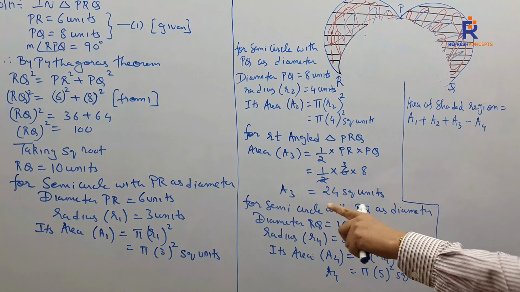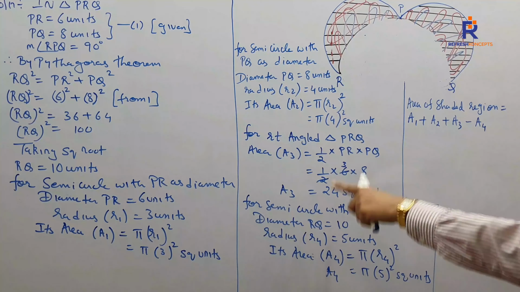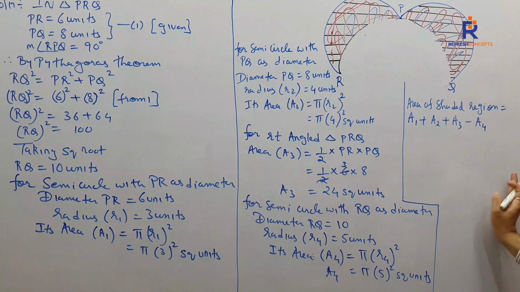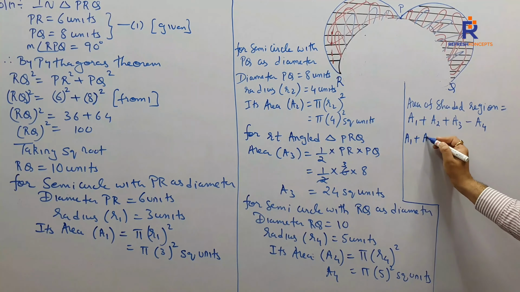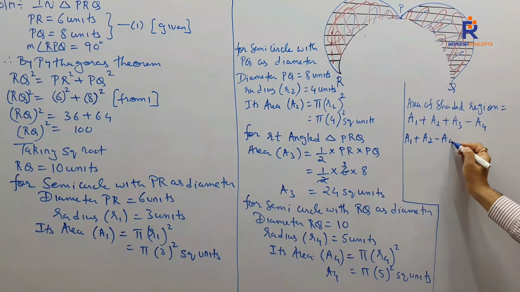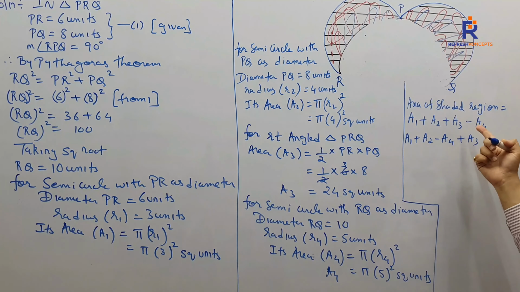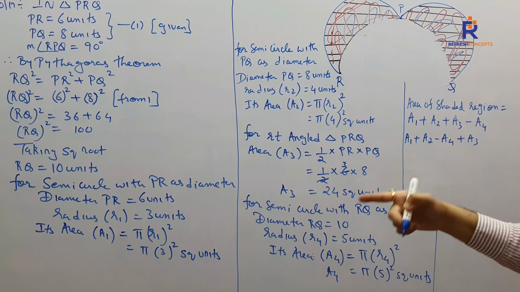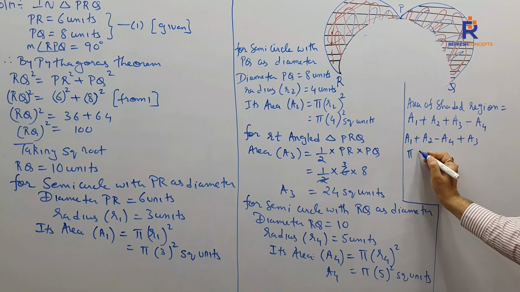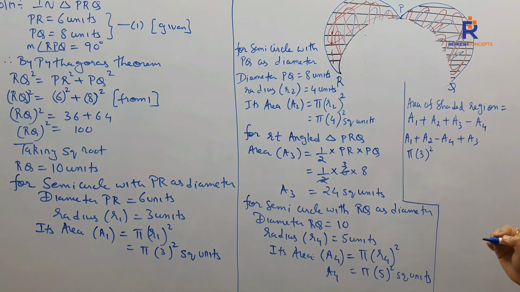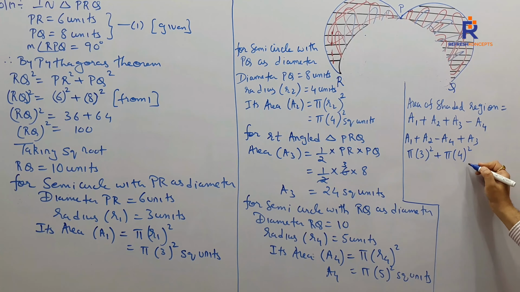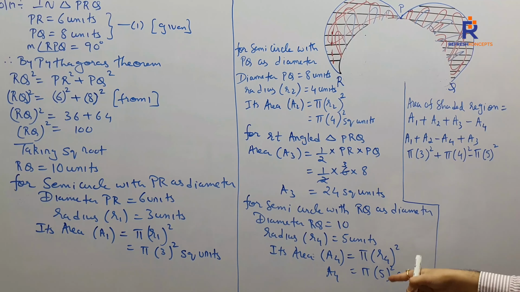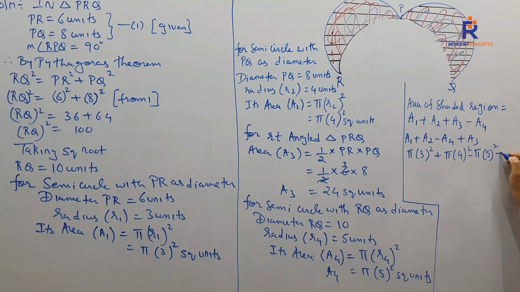Since I've seen that A1, A2 and A4 are related to semicircles, I'm just rearranging it. I shall say A1 plus A2 minus A4 plus A3. What is A1? Pi 3 square. What is A2? Pi 4 square. What is A4? Minus pi 5 square. And then A3, 24.